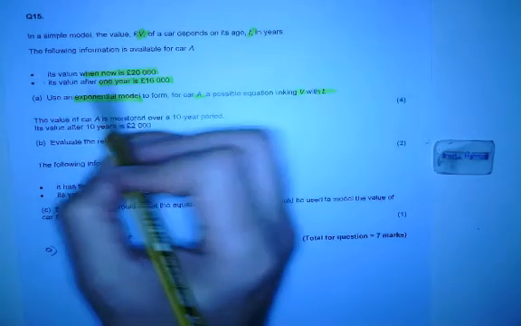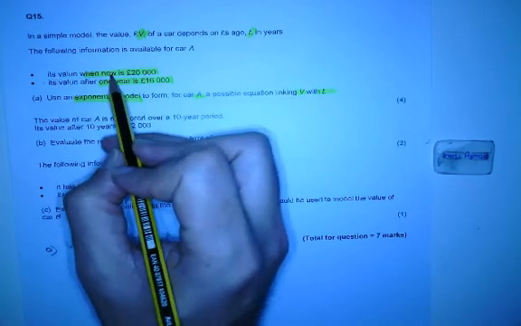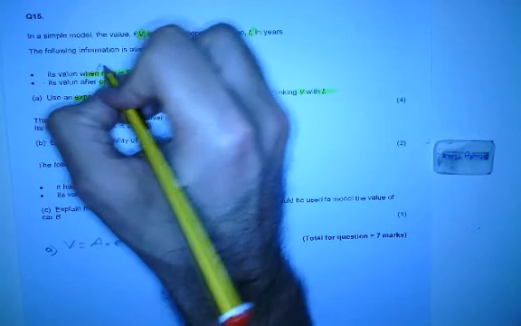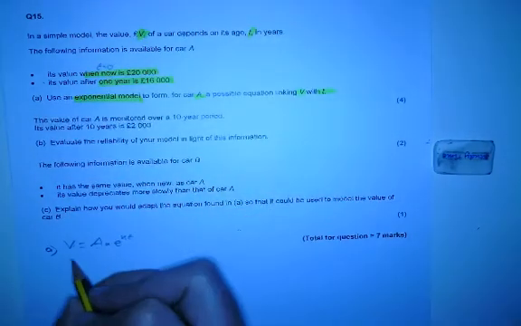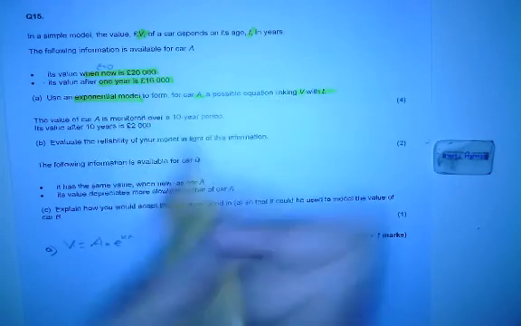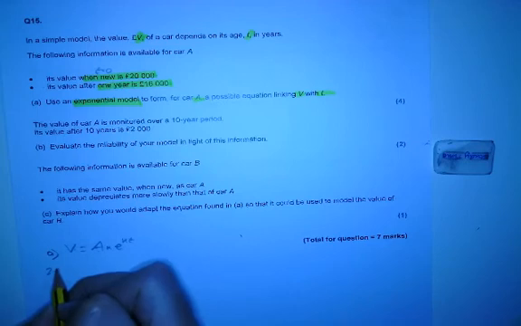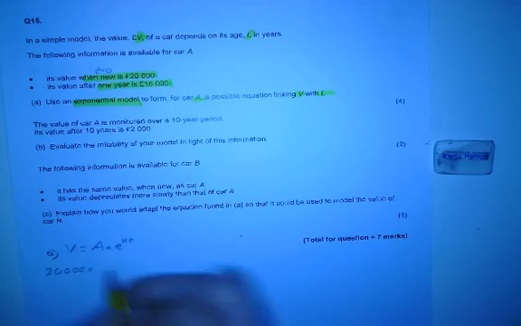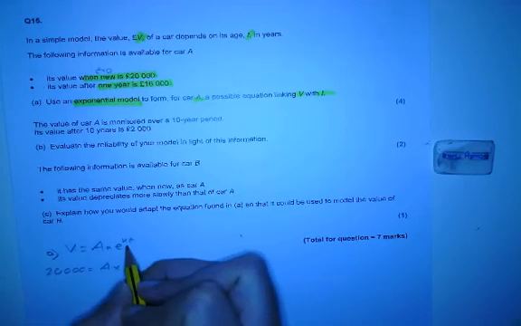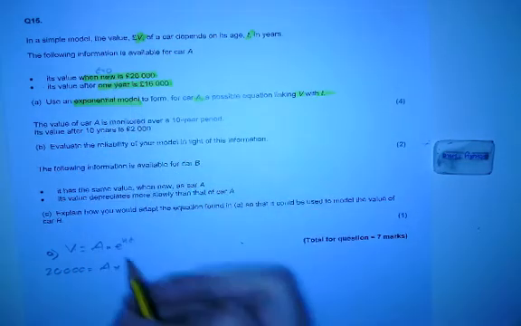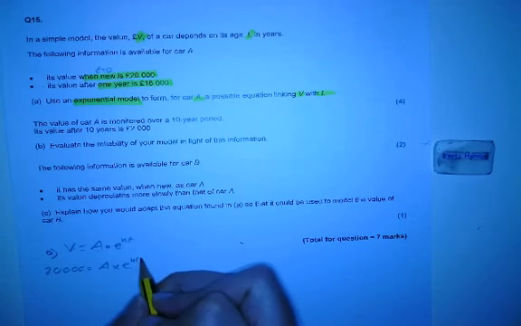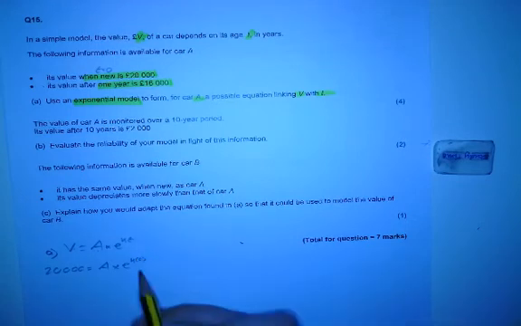I know that when the car is new, that means time will equal 0. Its value is 20 grand. So 20,000 equals a times e to the k times 0.